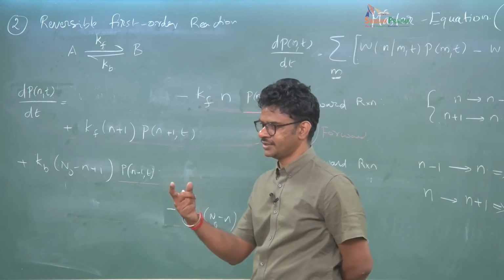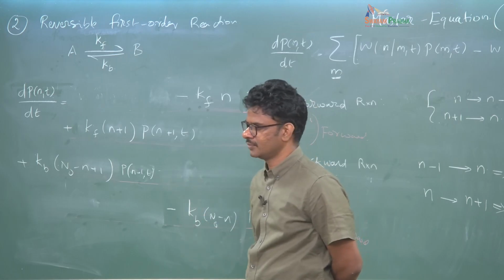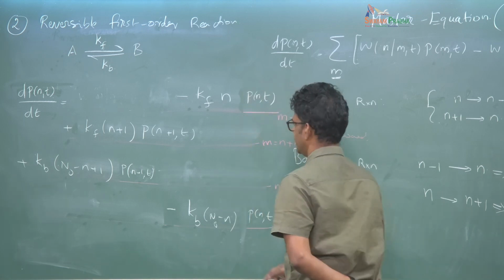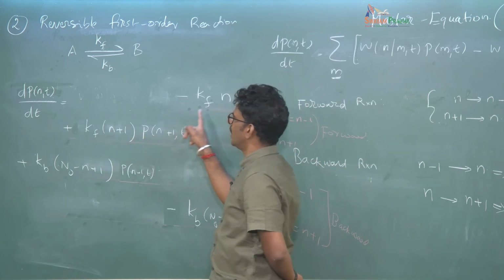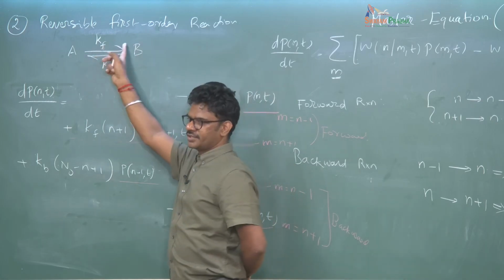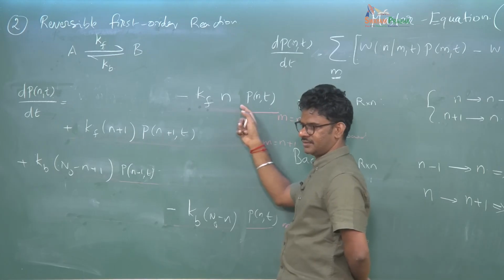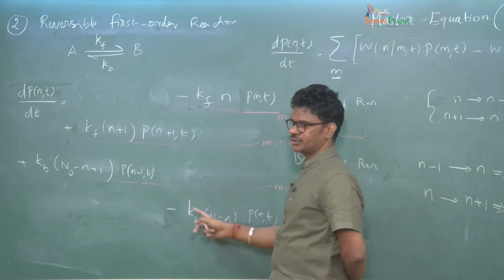Only for the forward reaction. Like I said, the first two terms are only describing the forward reaction. We are saying that the forward reaction, so similarly 2 terms for the backward reaction also.